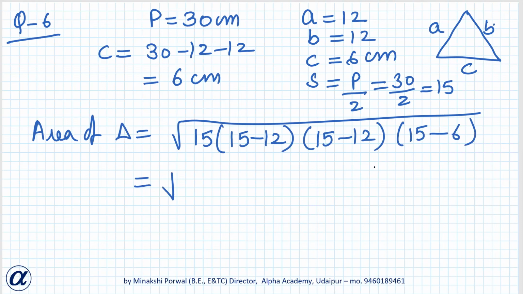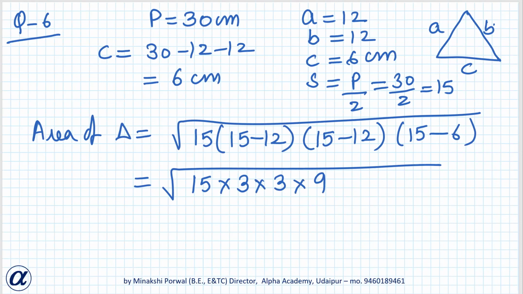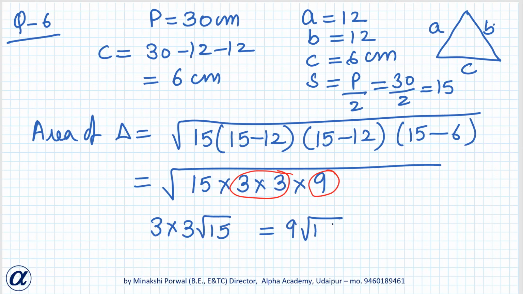So under root of 15, 15 minus 12 is 3 into 3 into 9. In the square root of this, one pair is this, and the square root of 9 is also 3. So 3 into 3 we can take outside, under root 15, or it is 9 under root 15 centimeter square. Okay.